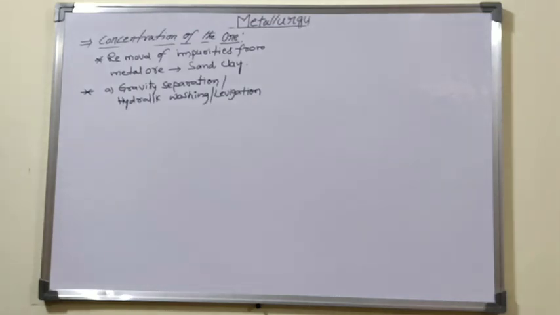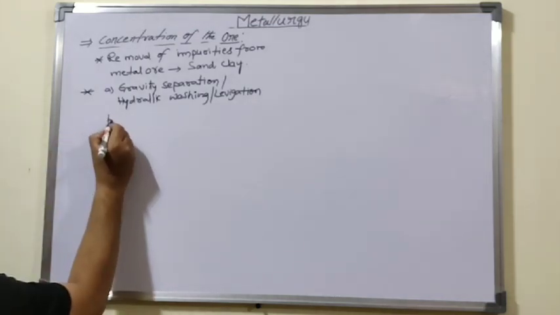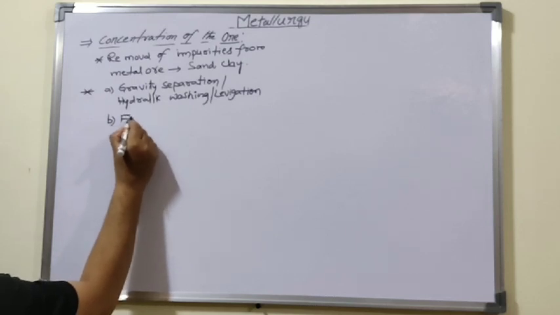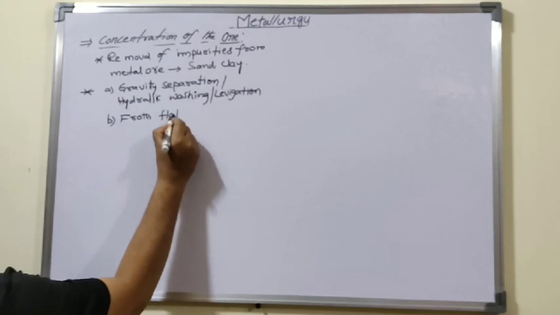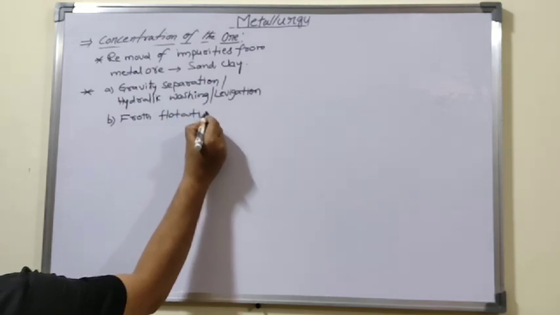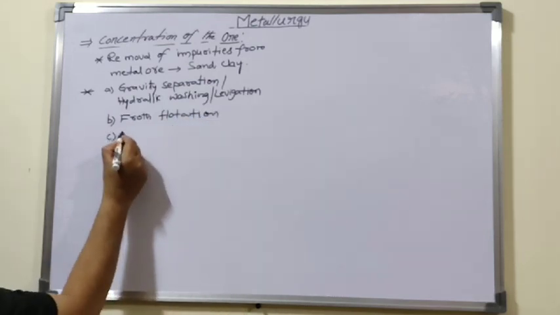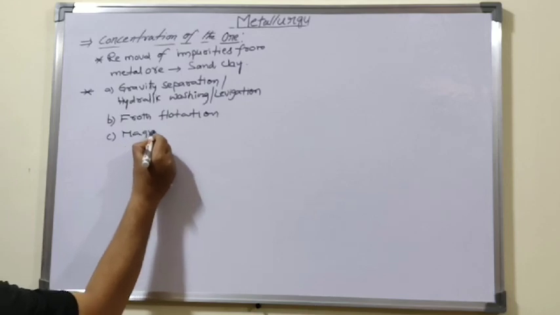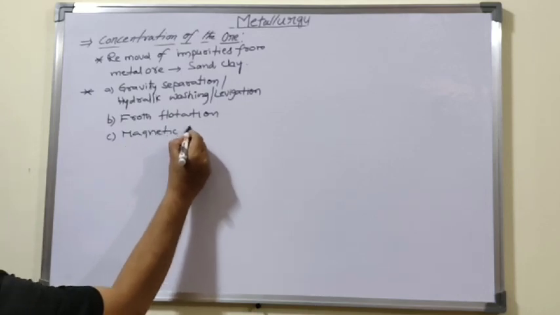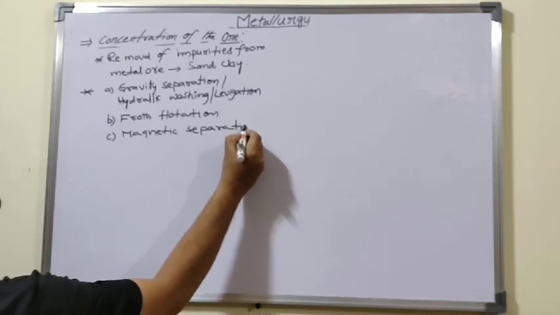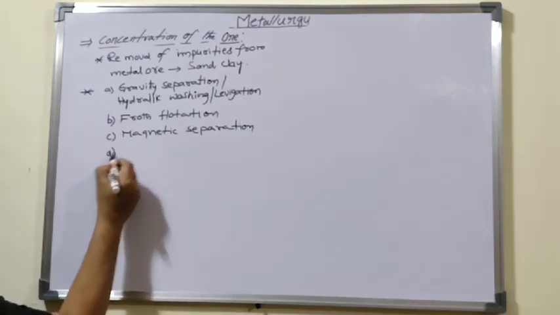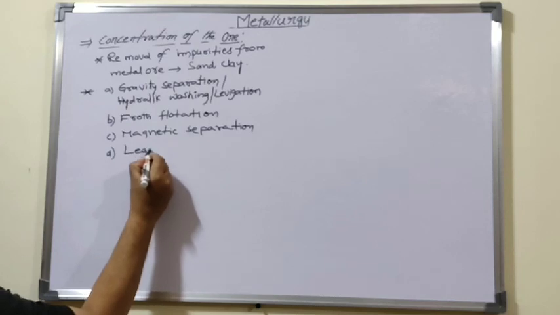Another method is froth flotation, and magnetic separation. The fourth one is the leaching process.